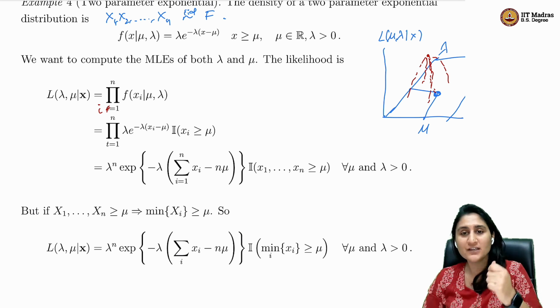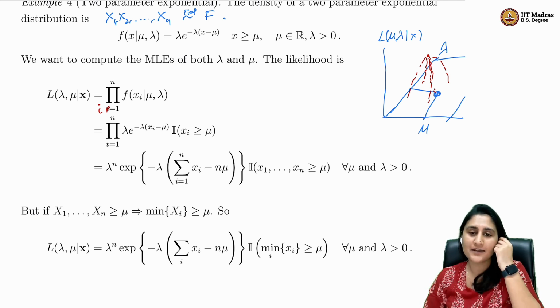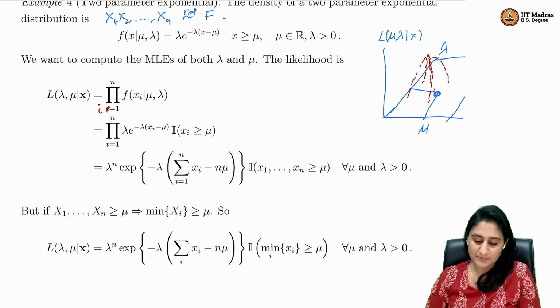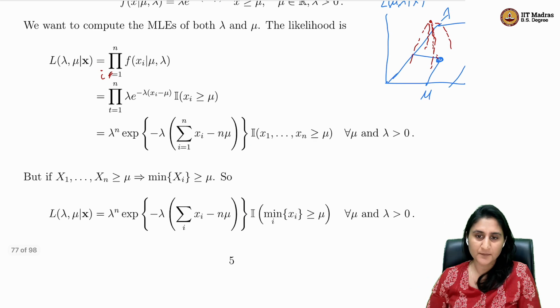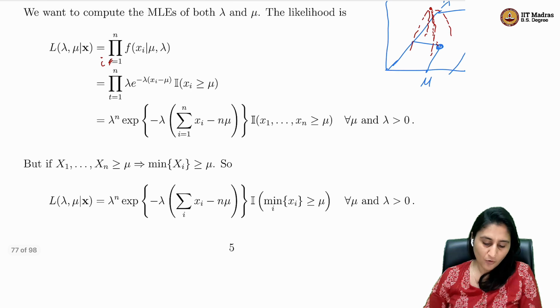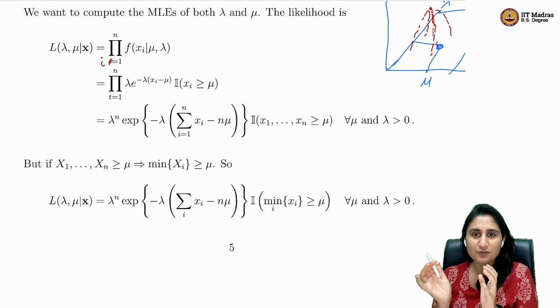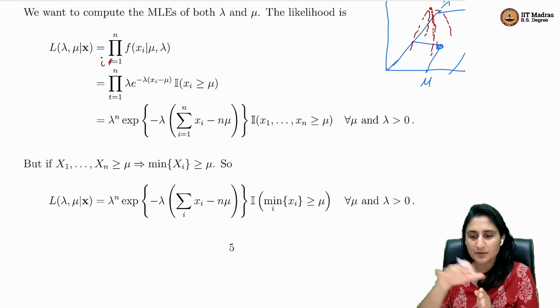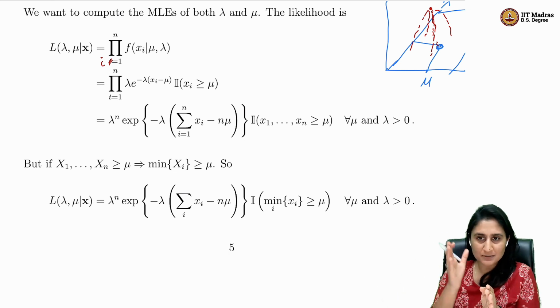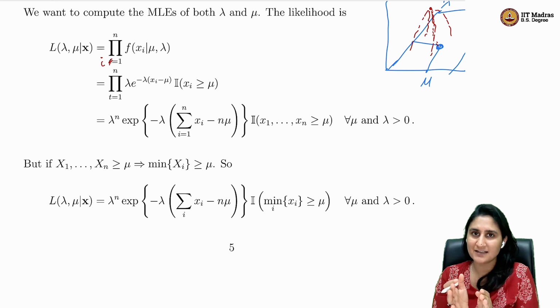So each of the individual xi's has to be greater than or equal to mu, which means I get the indicator that all the xi's have to be greater than or equal to mu, for all mu and for lambda positive. But if every single data point is larger than some number mu, then the smallest of those xi is also larger than mu.